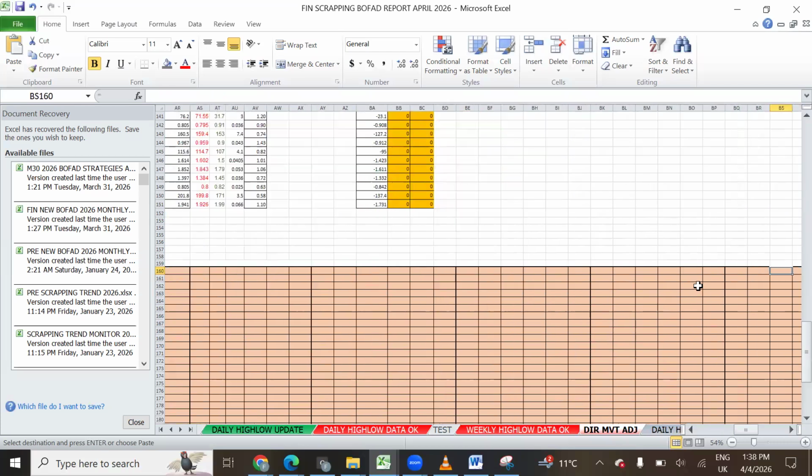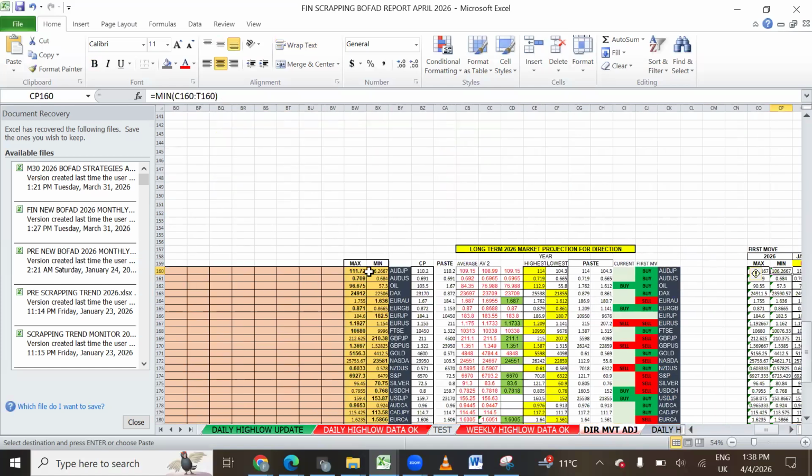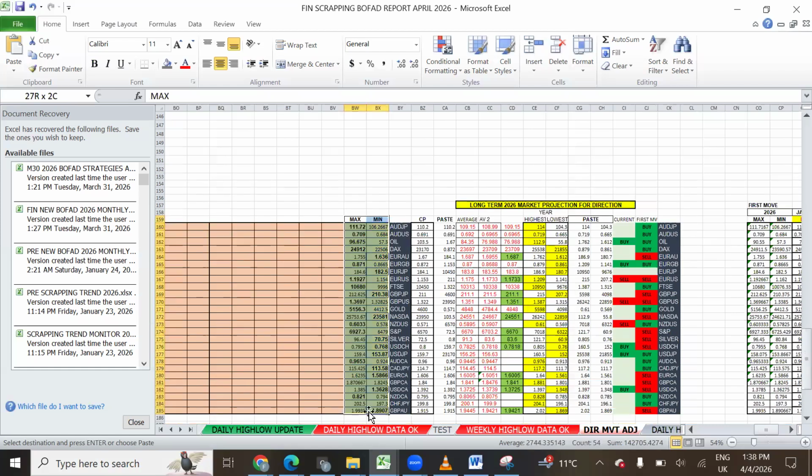And so based on that, we already have our current maximum and minimum points for now, according to that report. So what I'm going to do now is copy that also here, okay?